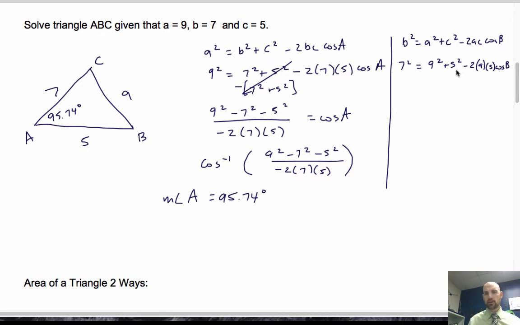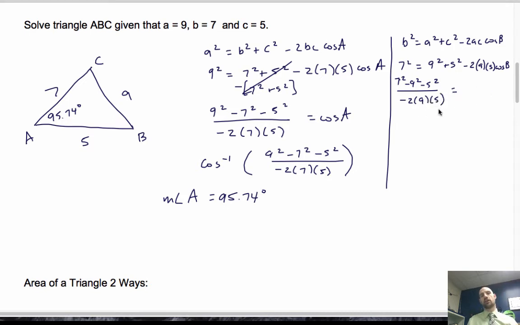So now I've got 7 squared minus 9 squared minus 5 squared over negative 2 times 9 times 5.